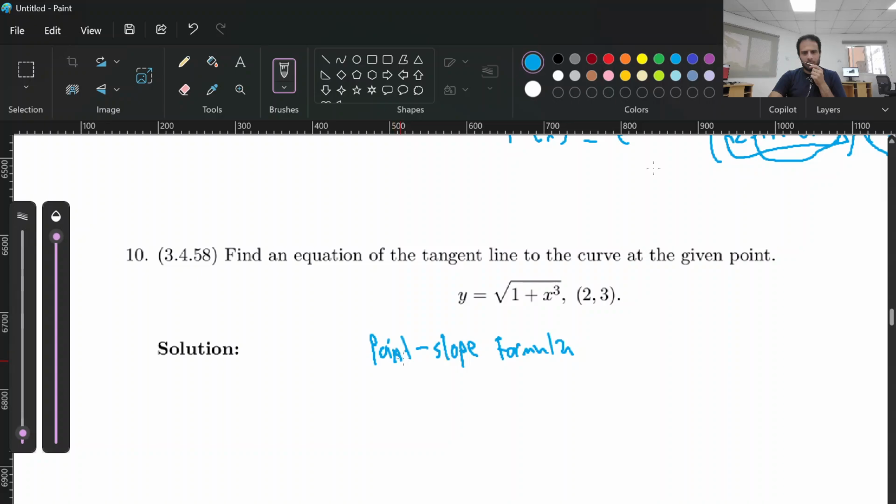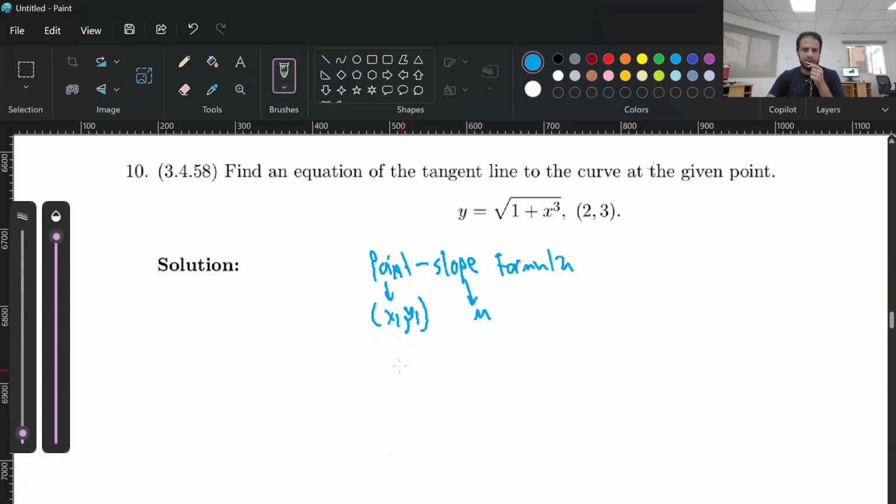I will write the general formula first. Call this point, for example, x1, y1. The point is x1, y1. Slope is m. So the equation is y minus y1 equals m times x minus x1.